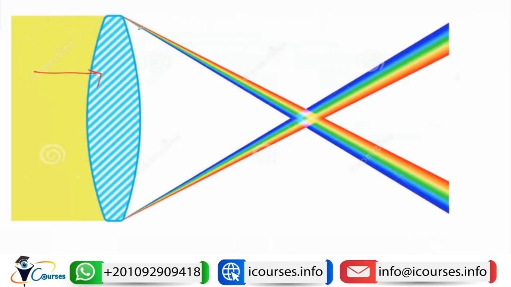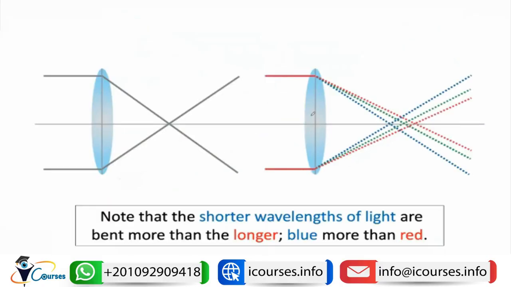This dispersion occurs more at the periphery because we mentioned before that the periphery of the lens has a prismatic effect, and this prismatic effect causes dispersion of the blue light more than the red, as you can see here. This leads to the formation of different foci of the light. There will be a blue focus, a green focus, a yellow focus, and a red focus. This is what is meant by chromatic aberration.